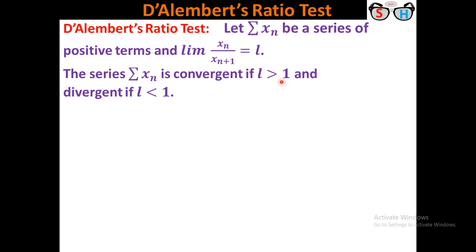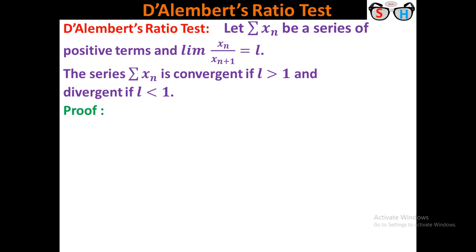This is not exact logic, but I give some concepts. Similarly for the divergence case, the terms on the right-hand side must be greater than the previous term, that is xn+1 must be greater than xn. As a result, xn by xn+1 is less than 1. So this is the trick; you can remember this result by this approach.